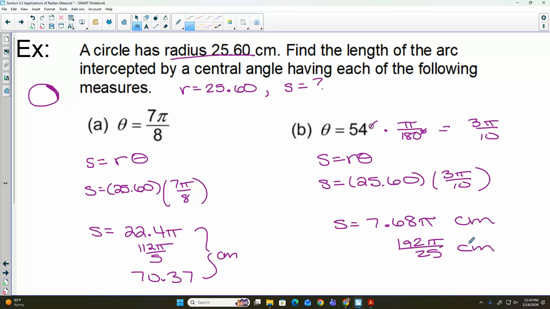Or if you multiply out your pi, 4 significant digits, 24.13 centimeters. All right, so you have to have one of those answers, not all three. In general, I'll probably leave my pi, like I'll probably write it as 7.68 pi, but you can do any of them. All right, is that okay?